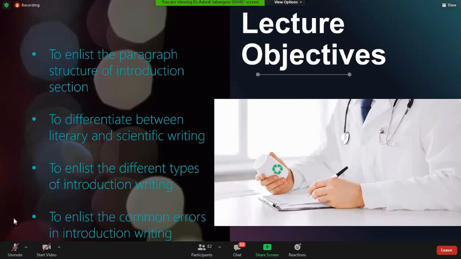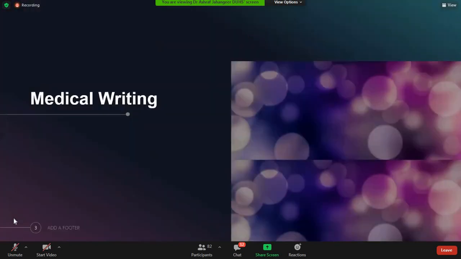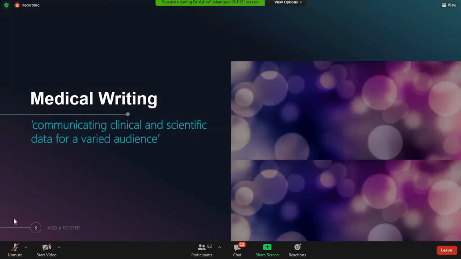These were the objectives. We were talking about what medical writing is. We need to communicate our findings, results, and methods to a greater audience, and that audience would include both doctors and non-doctors, healthcare staff, and paramedics who have little knowledge of the healthcare system or processes because of their qualification, not because of anything else.